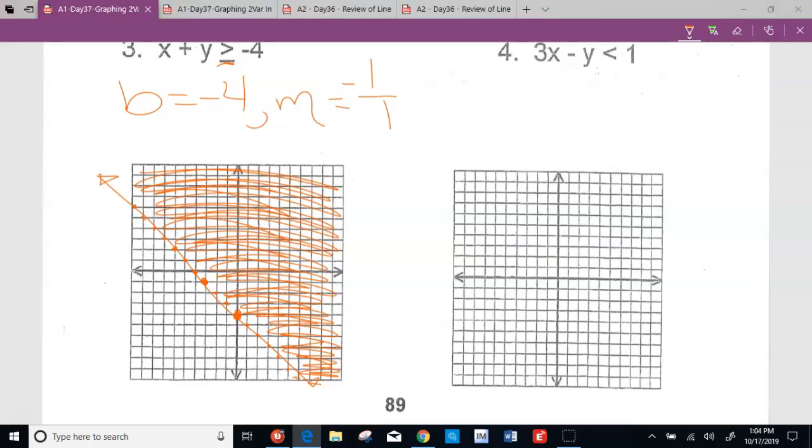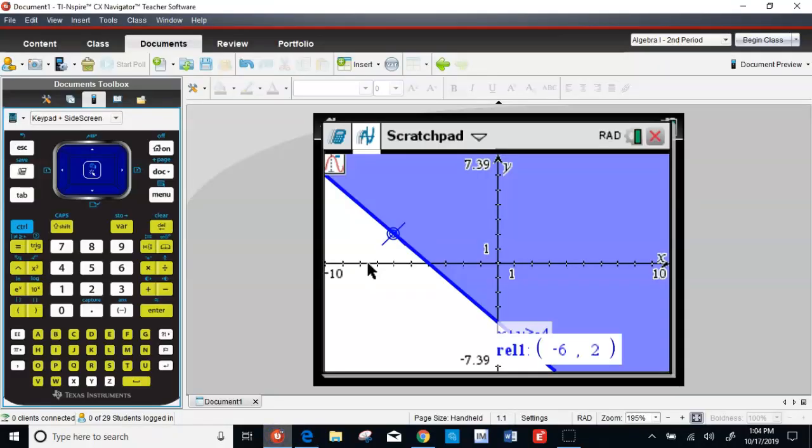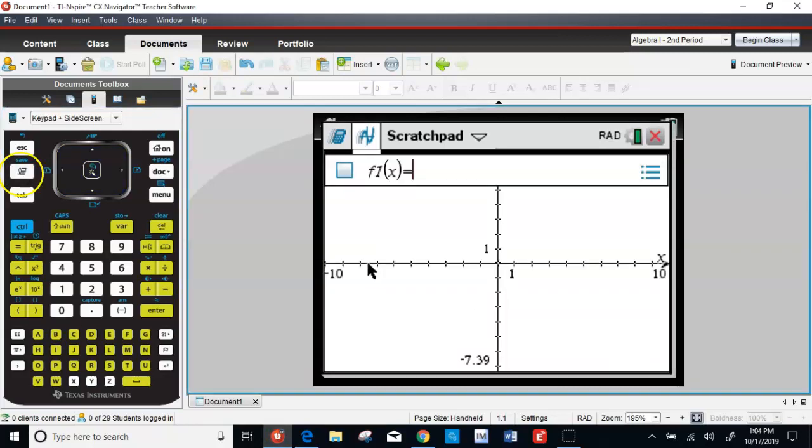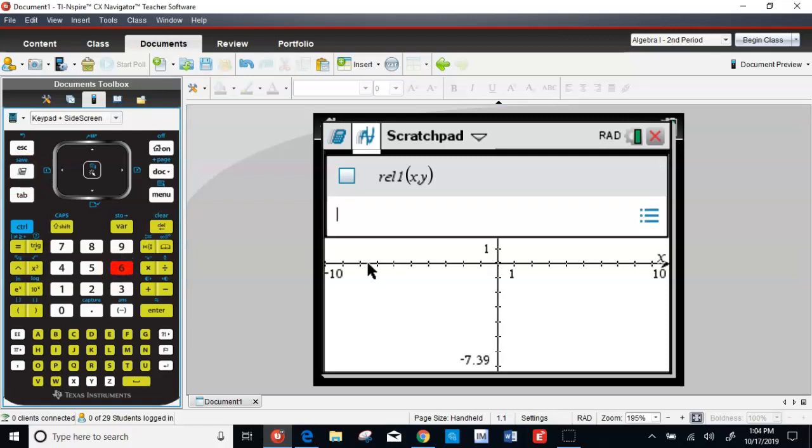Let's not get too hung up on the shading. It'll be there. So 3x minus y is less than 1. I'll clear out my calculator. 3x minus y is less than 1.